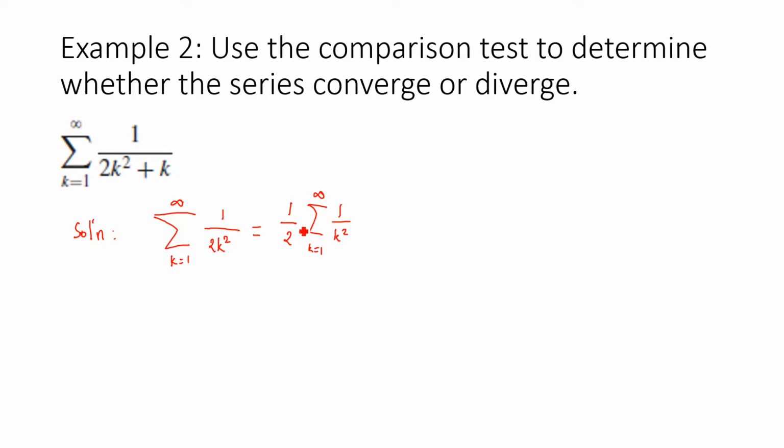This kind of series does the trick because we know from the given fact that 1 over 2k squared plus k is less than 1 over 2k squared for k equals 1, 2, 3, and so on.